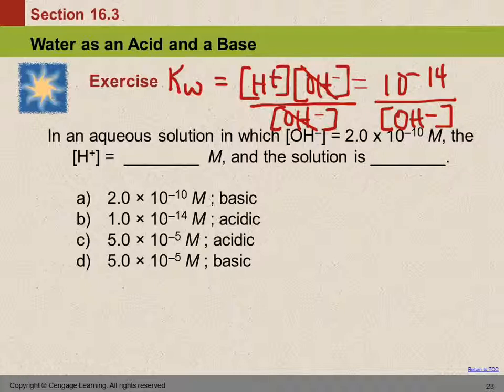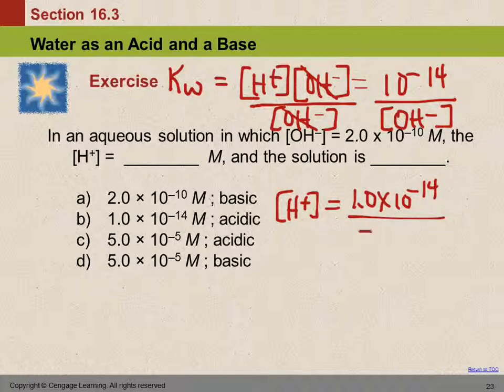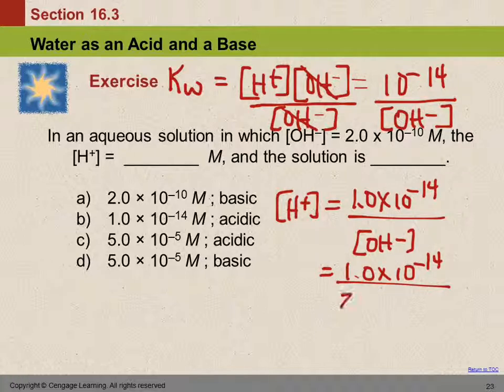And so we end up with an equation that says the hydrogen ion concentration is equal to 1.0 times 10 to the minus 14 divided by the hydroxide concentration. We're given the hydroxide ion concentration, so we'll plug that in. 1.0 times 10 to the minus 14 divided by 2.0 times 10 to the minus 10.